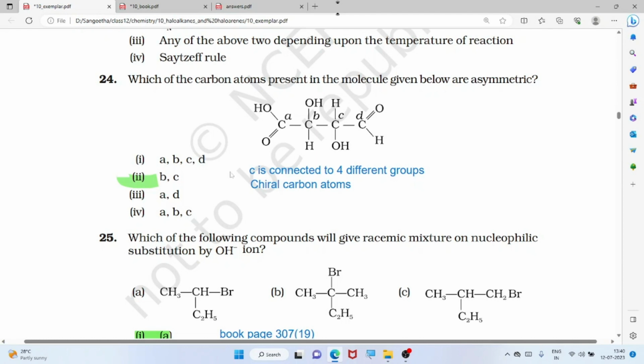Asymmetric carbon is connected to 4 different groups. So B and C. They are the chiral carbon atoms.